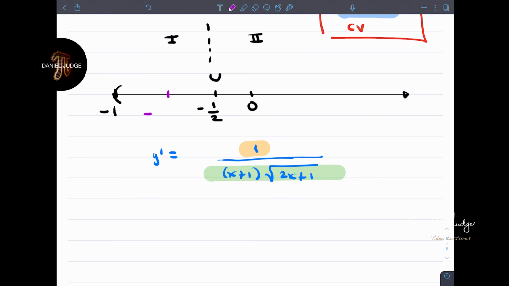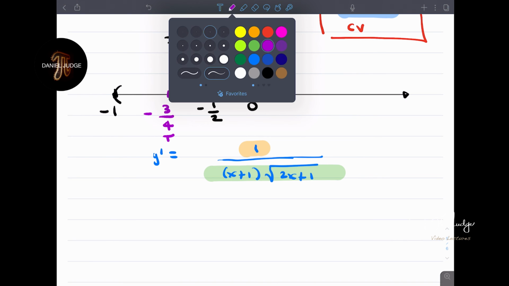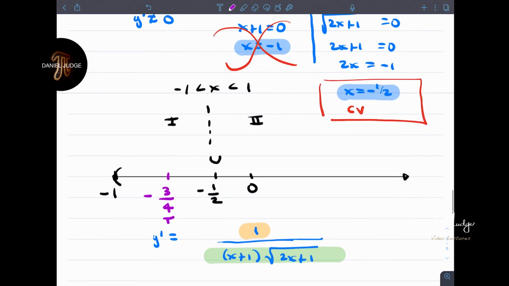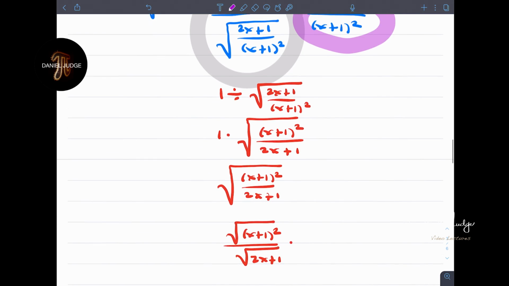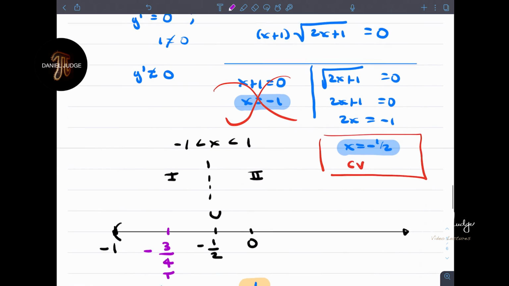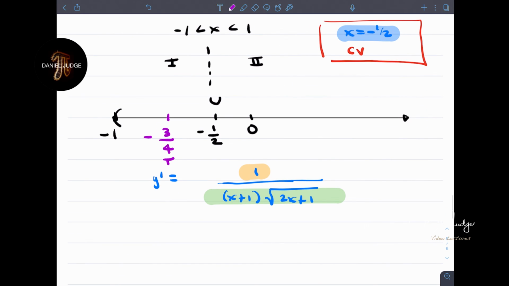That's going to be negative 3/4, I guess. So here's our test point. And then you say, well, what are we going to have on the other side? Well, I'm going to choose maybe a positive 1/2. This would be my test point.